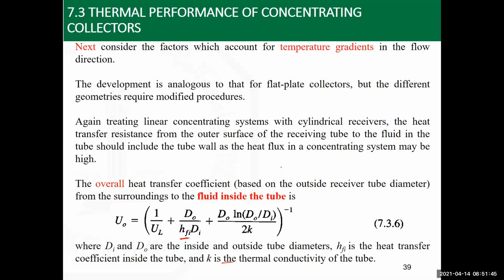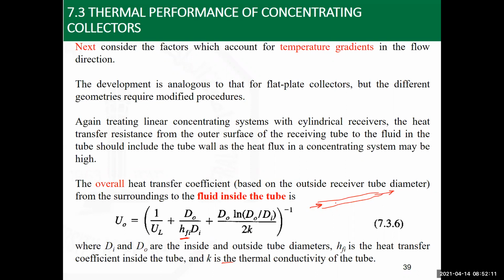The inner and outer diameters of the receiver are Di and Do, and HFI here is representing what? The convection heat transfer coefficient between the fluid which is passing inside the receiver. So we have a receiver here. This receiver is supposed to be heating a fluid from an inlet temperature to an outlet temperature.